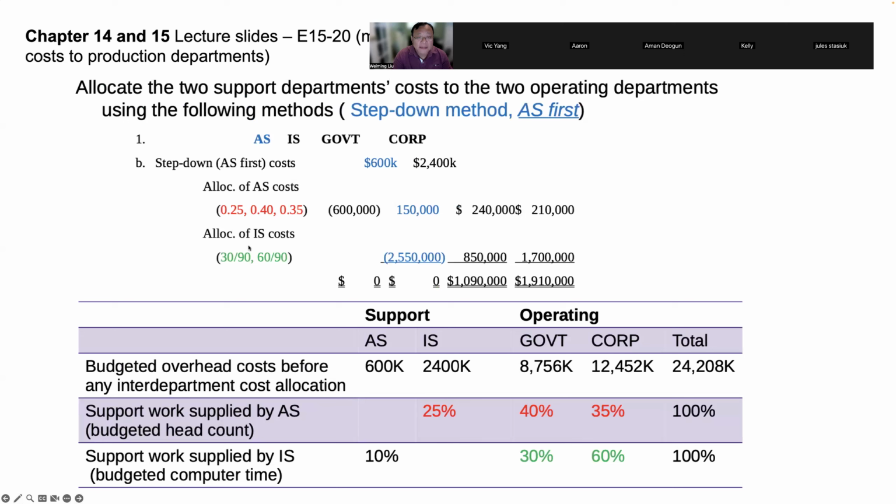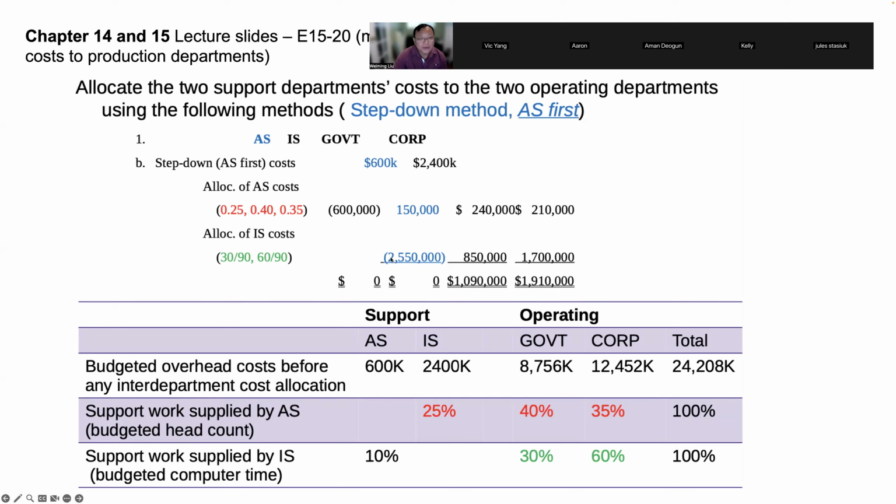So this is the first step. Second step, now the IIS cost has increased because there is allocated cost to IIS from AIS. So now my new IIS cost is 2,400,000 plus 150,000.